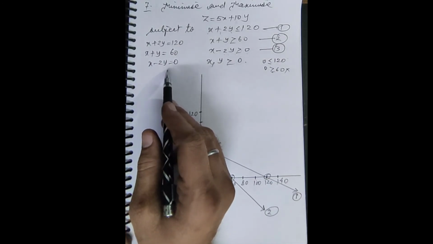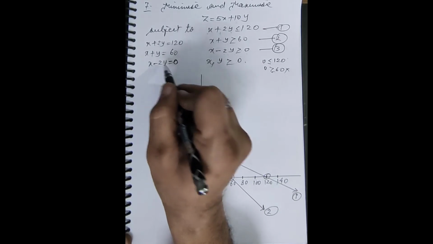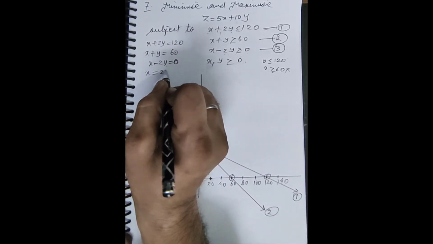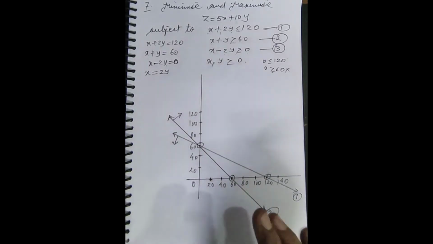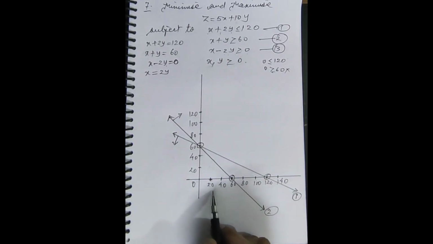Plotting may be confusing. As I said, a constant is not available, and this can be written as x equal to 2y. So for sure it will pass through the first and third quadrant. It's still maybe a confusion, so better to take one more point other than (0, 0), the origin. I can see a scale of 20, 40 and so on has been taken.